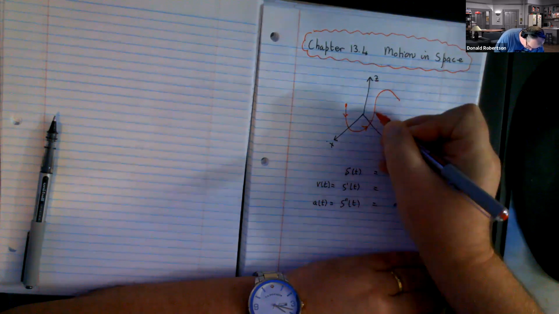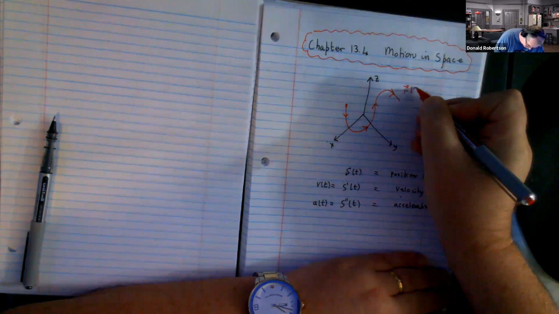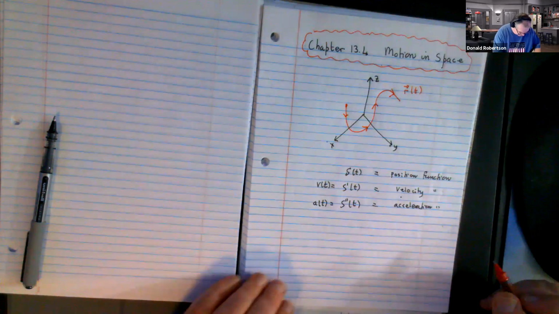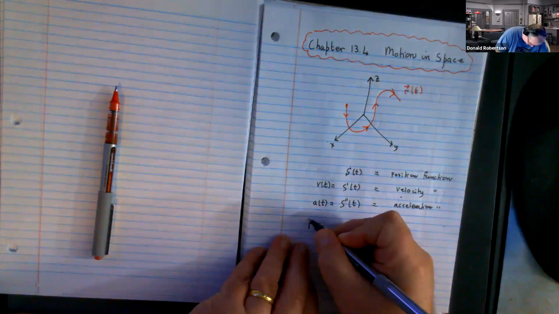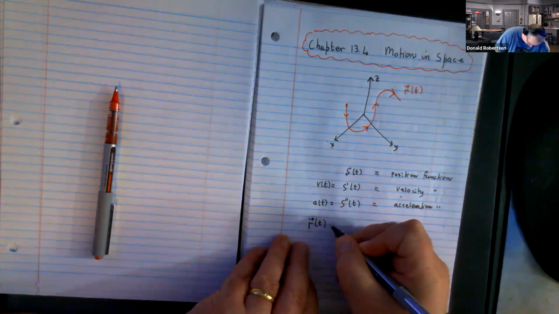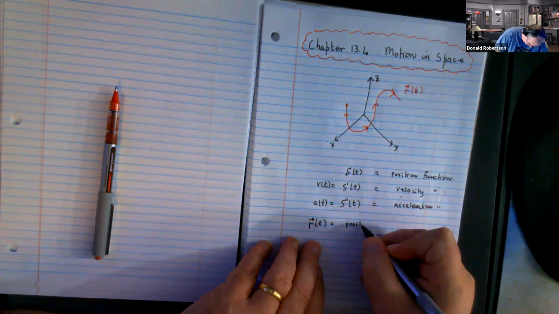So let's imagine we've got our space curve, this guy here. Then we have r of t, which is our space curve. We could always think of that as the position function.